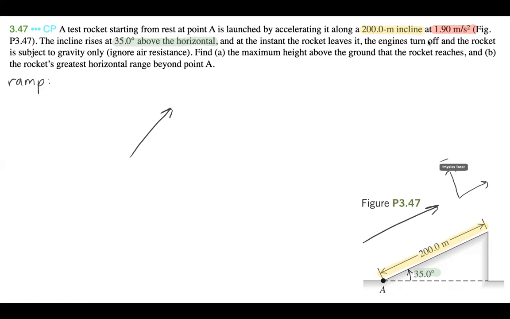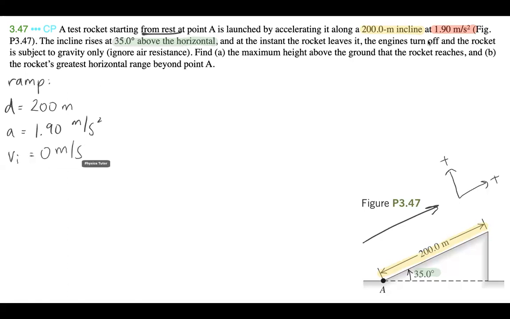So we're just going to say that this is positive and this is positive right over here. As long as we say that those two are positive, we treat this like a one-dimensional problem. So we have distance is equal to 200 meters, and acceleration is equal to 1.90 meters per second squared. And we know that if we're starting from rest, VI is equal to 0 meters per second.